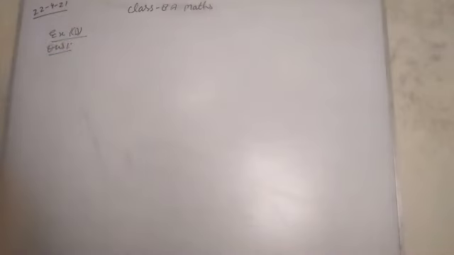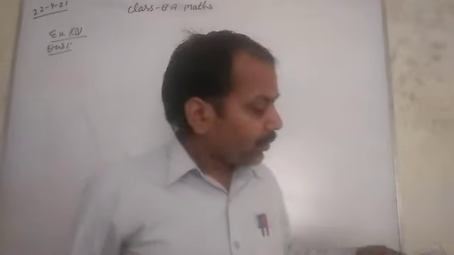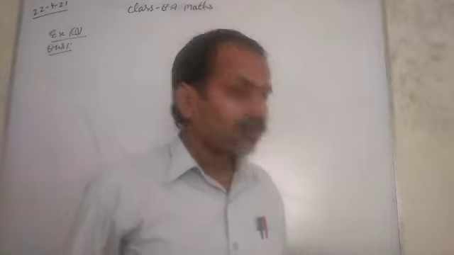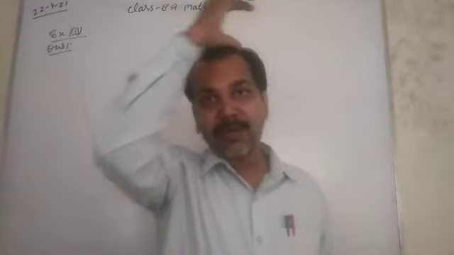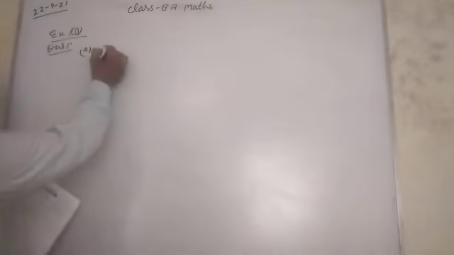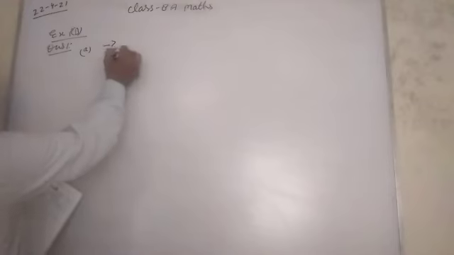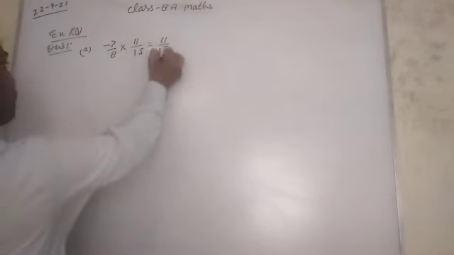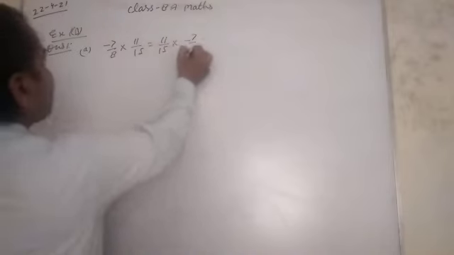State the property used by the following statements. So here you have to write which property is being used. In the first one, minus 7 by 8 into 11 by 15 is equal to 11 upon 15 into minus 7 by 8.